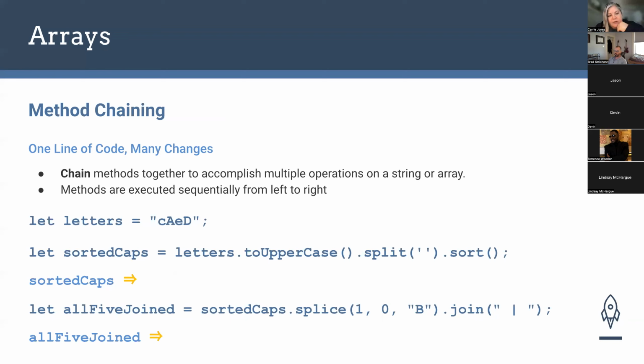So we've got letters here, right? Lowercase c, uppercase A, lowercase e, uppercase D in a string. If I were to take that and tack on toUpperCase and then split on an empty string and then sort, what should I get out of that?